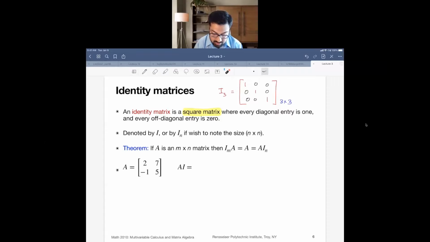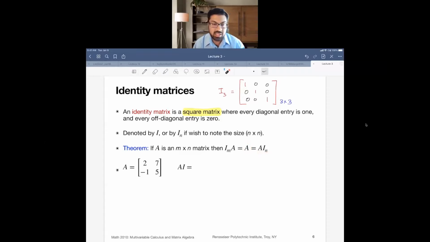Next, let's take a look at a theorem where A is a matrix. It's not a square matrix. M rows, n columns. That's A. Then the identity matrix of size m, so m rows and m columns, times A is the same as A, which is the same as A times I sub n.